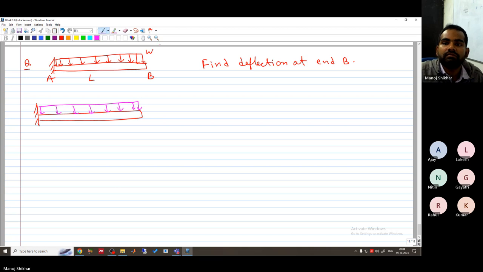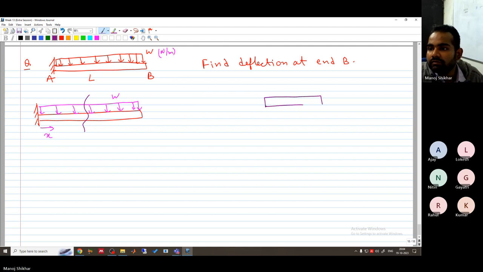Okay, this is W, and this is the direction of X. So let's have a cut at some X, and we will consider the right part. So this is L minus X.